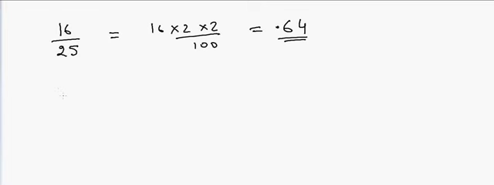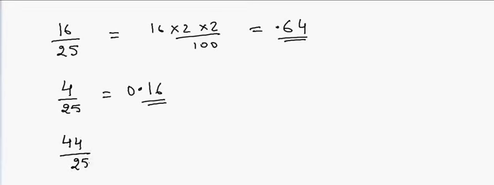Again, if I have 4 divided by 25, that will be equal to 4, double of 4 is 8, and double of 8 is 16, so 0.16. Again, another example is if I have 44 to divide by 25.